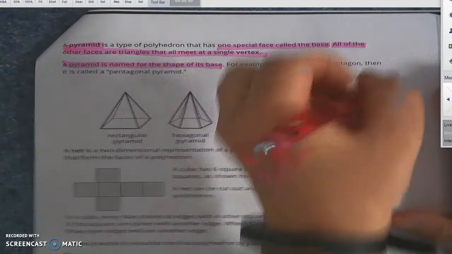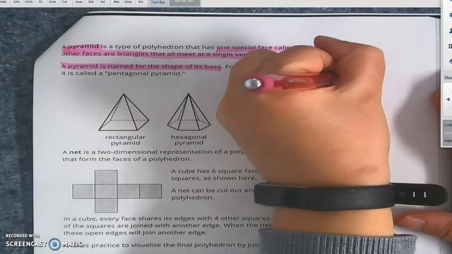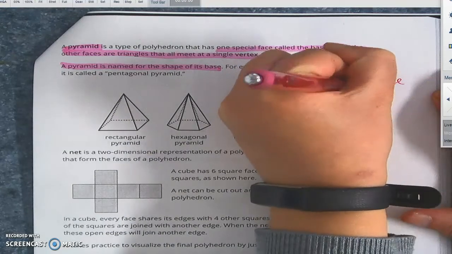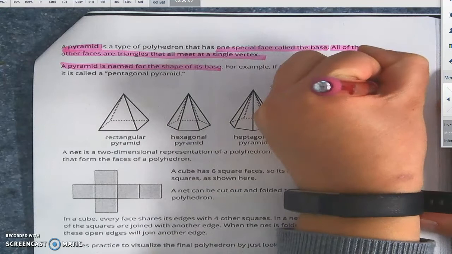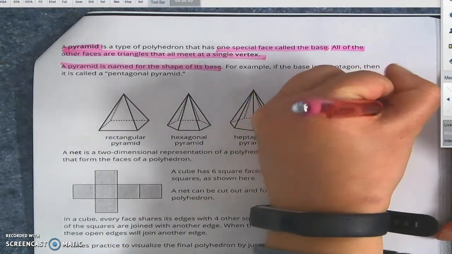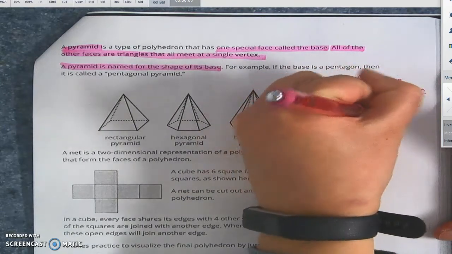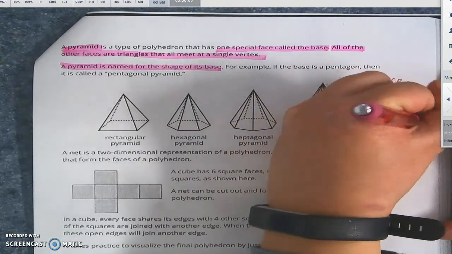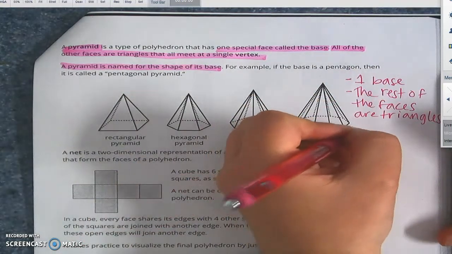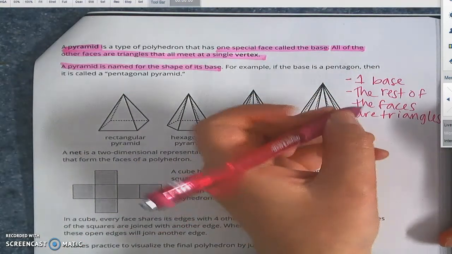So what do we know about them? They have one base. The rest of the faces are triangles. And the triangles meet at one vertex.